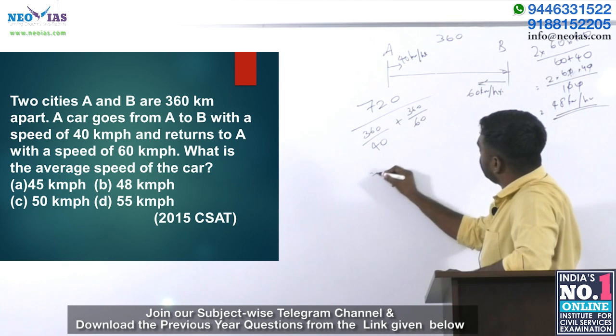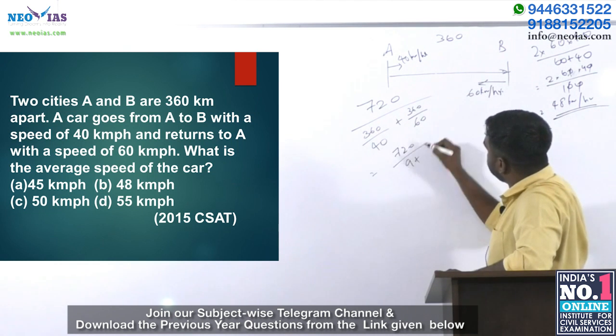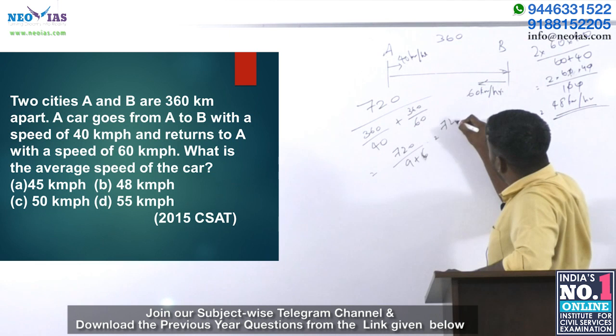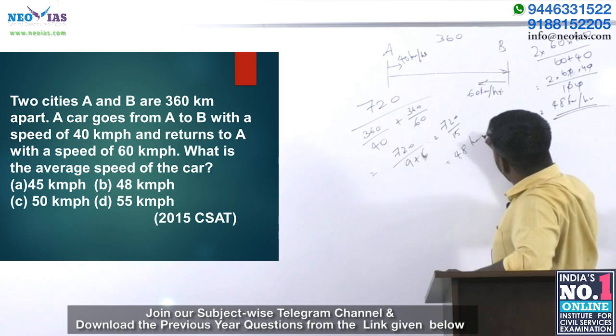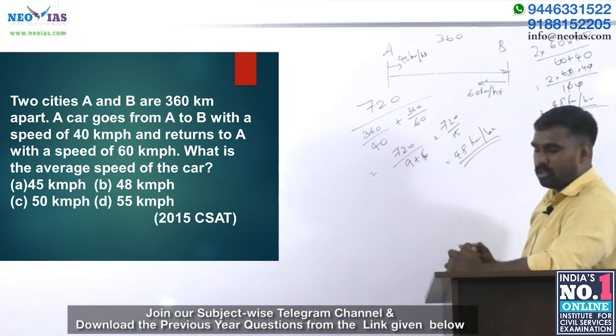So 720 by, this is 9 plus this is 6, so 720 by 15, 48 kilometers per hour, the same, right, with much lesser calculation.